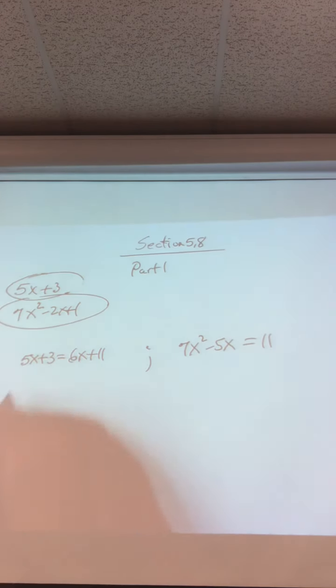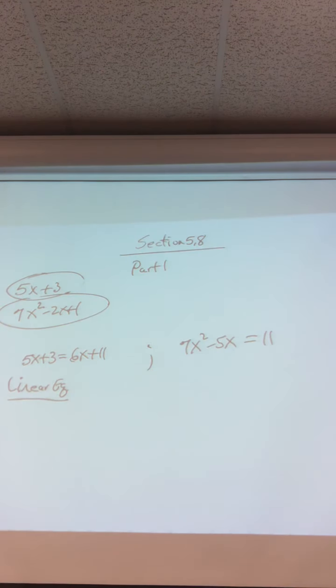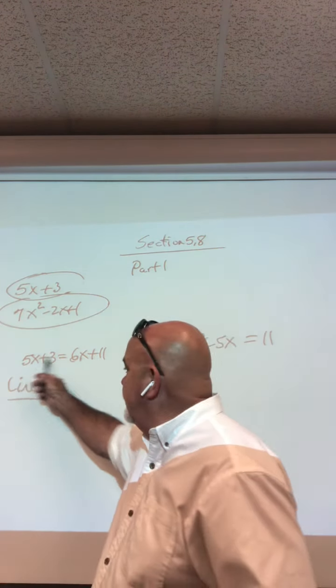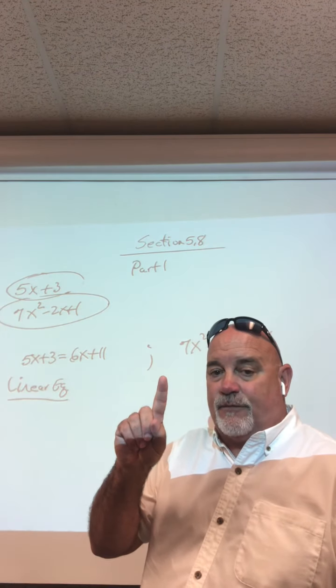Now you probably don't remember this, but I'm going to remind you. I told you that a linear equation is an equation where it's got a polynomial in it, but it's the same letter every time, and it's always to the first power.